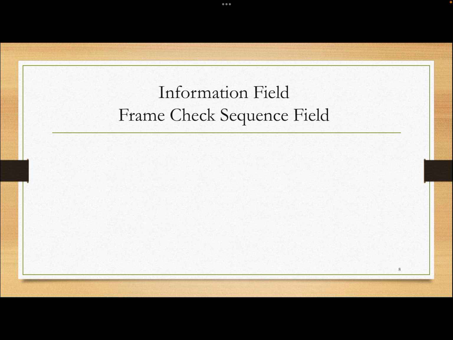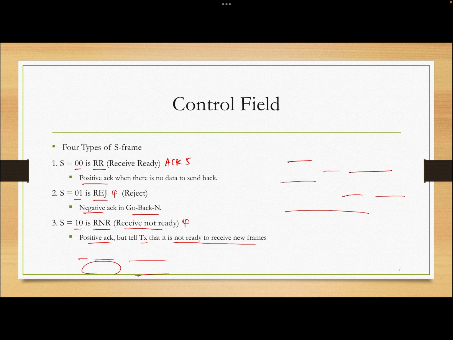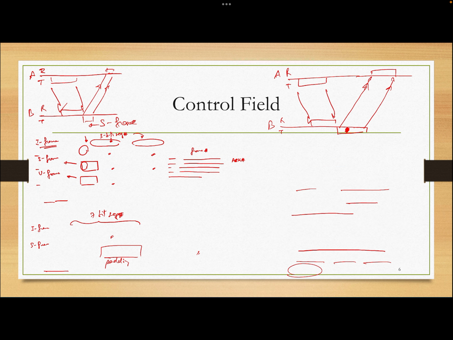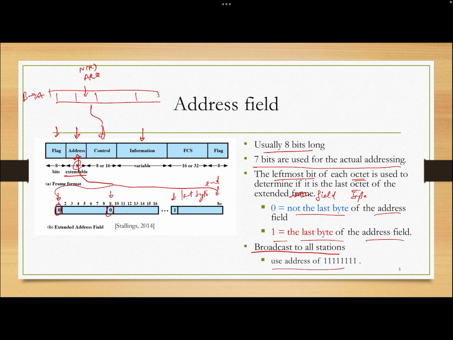Okay, now information field and frame sequence. If you remember in the frame structure, we have information field here and FCS here, okay, which are variable. Okay, FCS is 16 or 32 bits. The normal one is 16 bits.